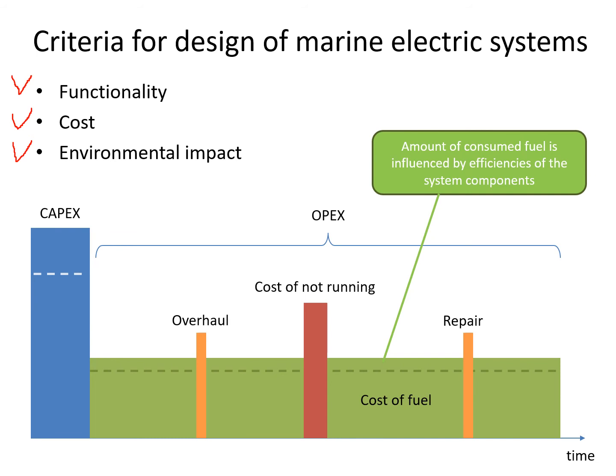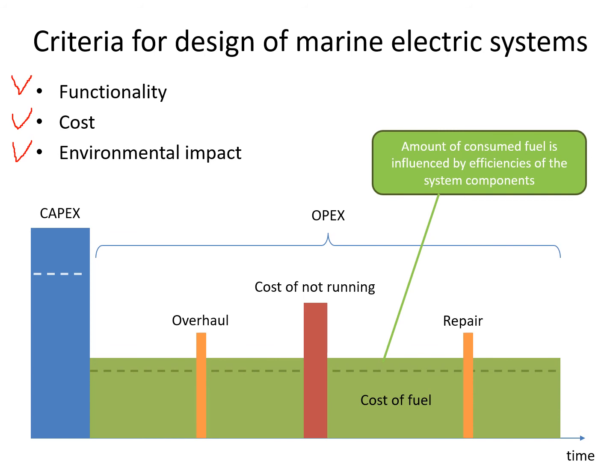If we replace something that was not as environmentally friendly with our electric components, for example replacing a diesel engine by an electric machine, then we improve the environmental impact. So on this criterion we win, but probably the cost will be higher. This could be the case.